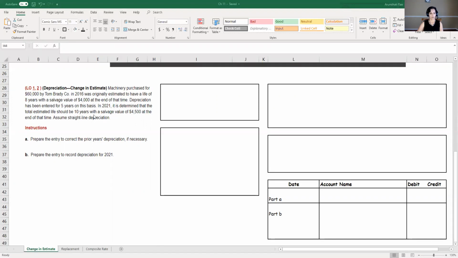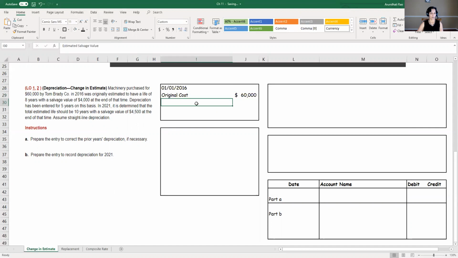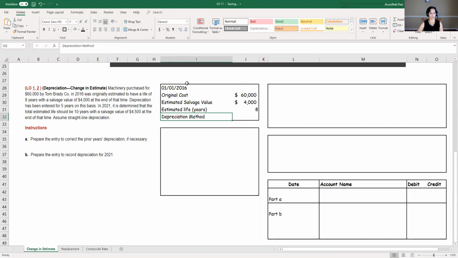So we have two sets of information. One is before the change, obviously, and then the other is when we have the new information available. So let's start with the information that I have before the change. The original cost of the asset is $60,000. The estimated salvage value is $4,000. The life at this time we thought was going to be 8 years, and we're using the straight line method.